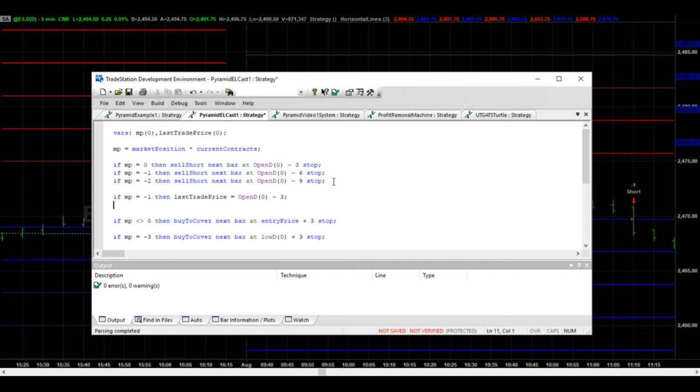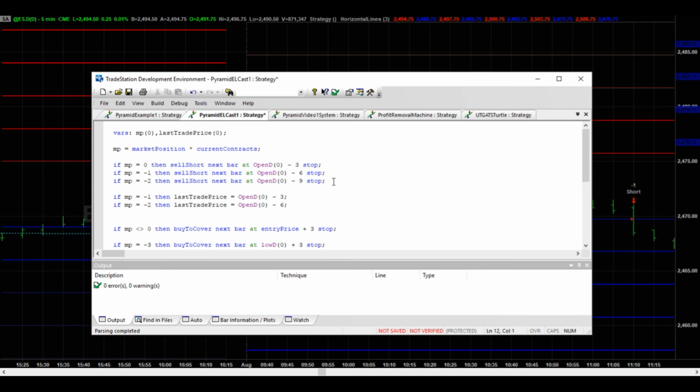Okay, that's where we put our first position on, correct? The open of the day, we used a stop order, the open of the day -3. Now, if market position equals -2, then our last trade price is going to be, as you can probably figure out, open D -6.